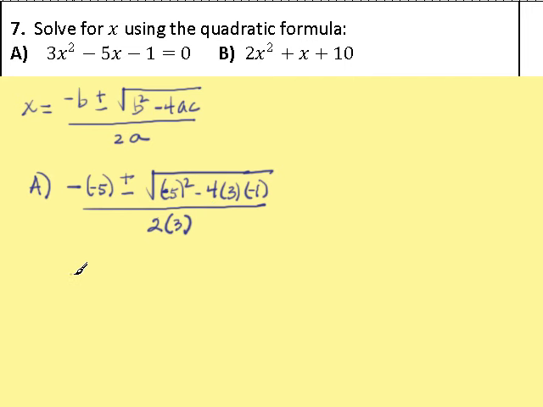All right, so let's just simplify this. This is a 5. And under the square root, minus 5 squared, that's a 25. And here we have minus 4 times 3 times minus 1, 2 minuses, so we're going to get a plus 12 over 2 times 3 over 6.